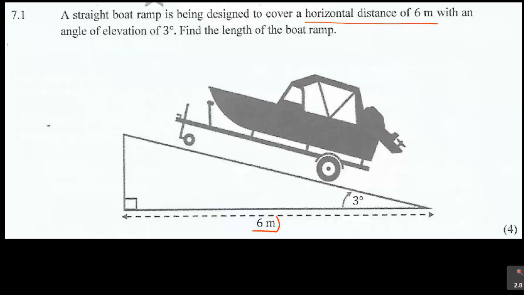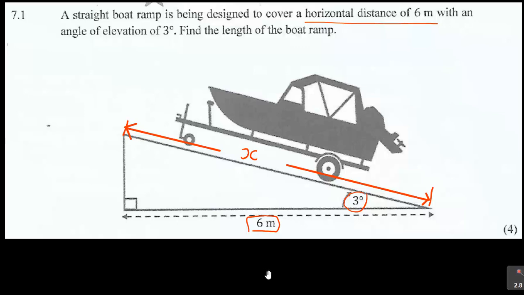You can see that is the 6 meters with an angle of elevation of 3 degrees. Find the length of the boat ramp. So they want us to find this distance, the length, from here to there. Let's call it x.